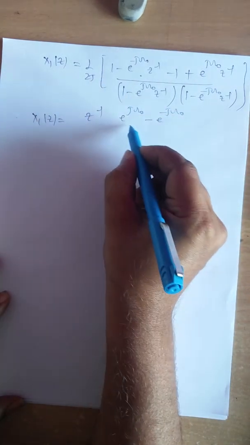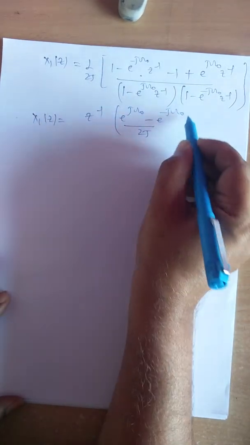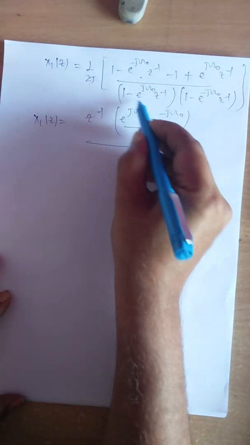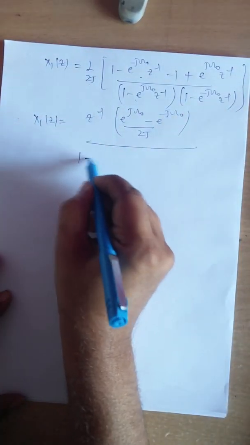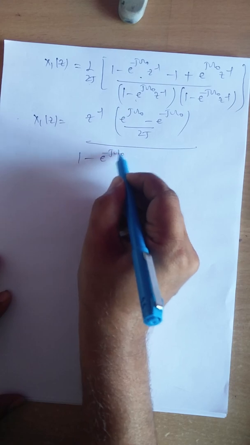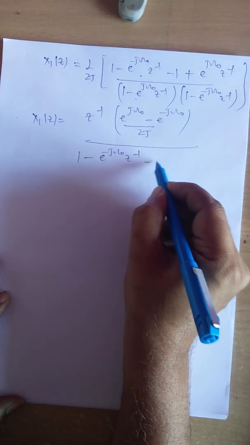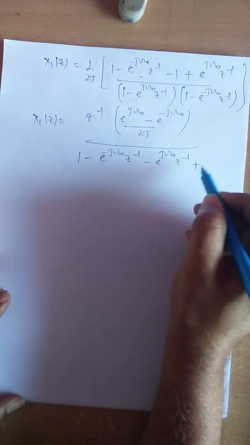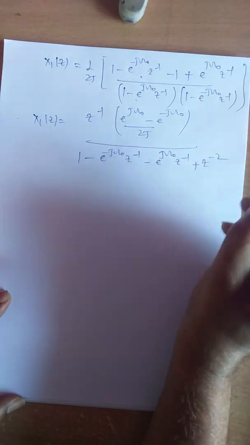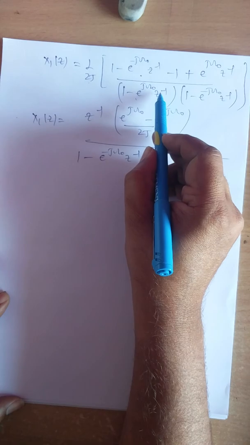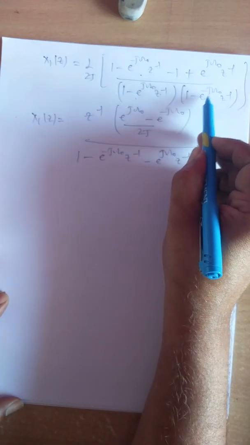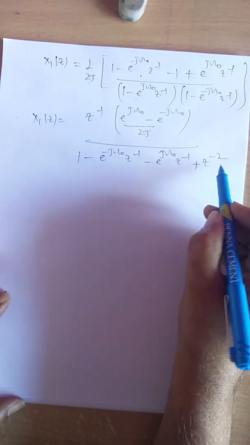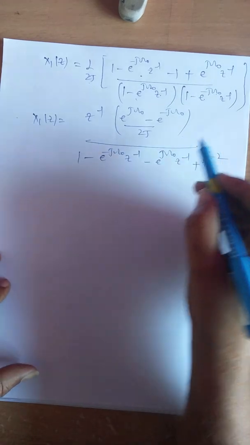Let us adjust this 2j here. Whole divided by, we multiply these two, we get 1 minus e to the power of minus j omega naught z inverse minus e to the power of j omega naught z inverse plus e to the power of j omega naught z inverse into e to the power of minus j omega naught z inverse, which will become z to the power of minus 2.